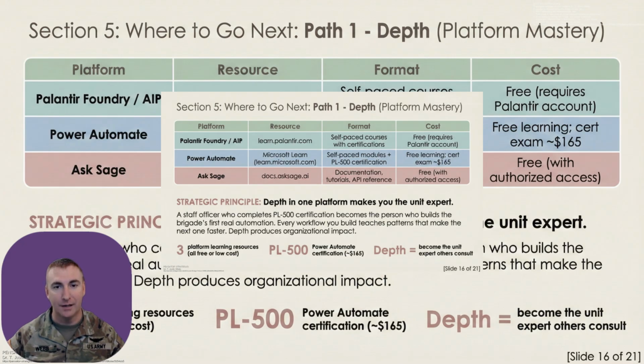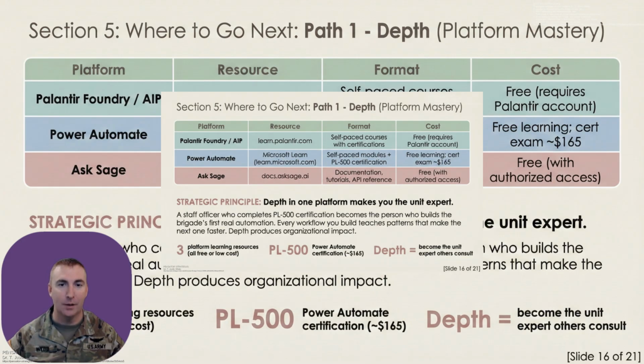Ask Sage has full API documentation at docs.asksage.ai. A staff officer who completes PL500 becomes the person who builds the brigade's first real automation. That expertise compounds. Every workflow you build makes the next one faster.